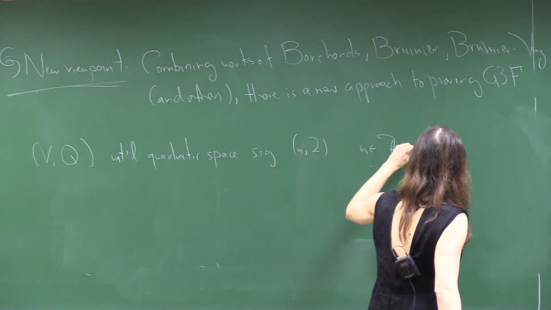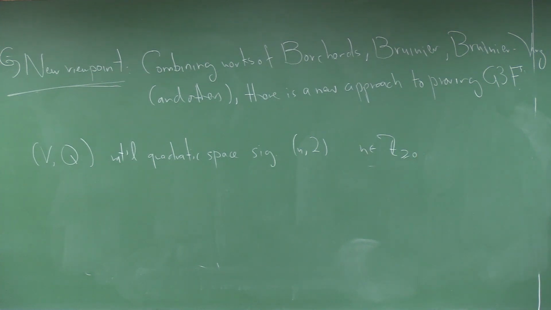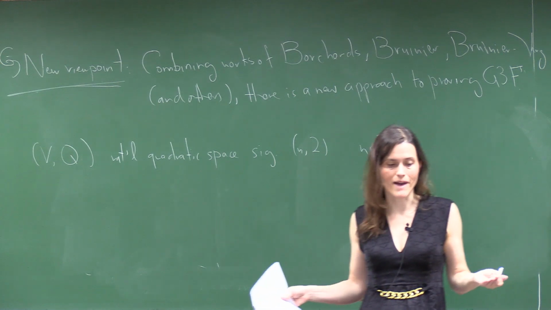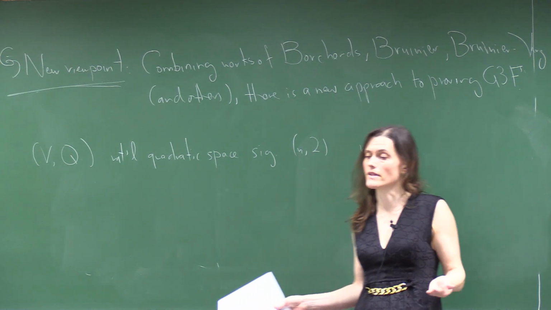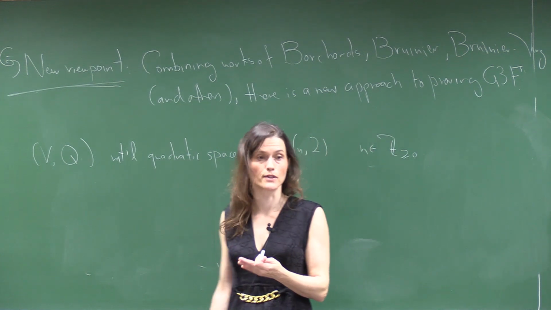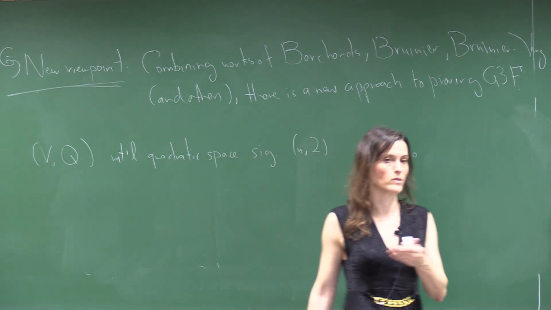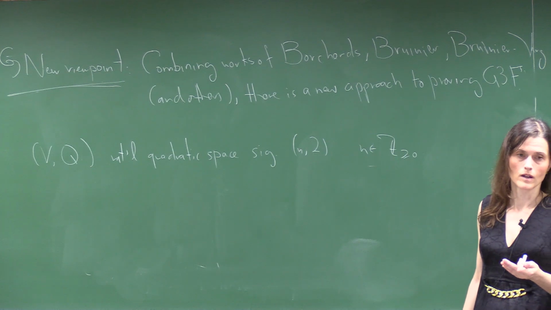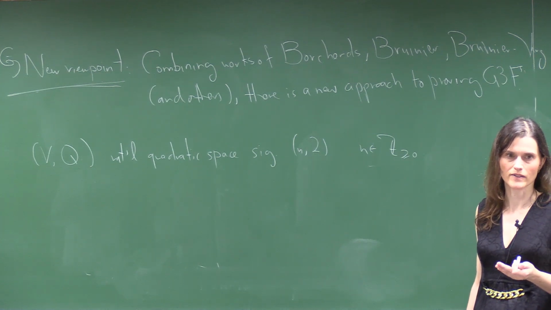For instance, a trivial example of a CM cycle is the case where you take an imaginary quadratic field and take the quadratic form to be -1 times the norm homomorphism, and that determines a rational quadratic space of signature (0,2).